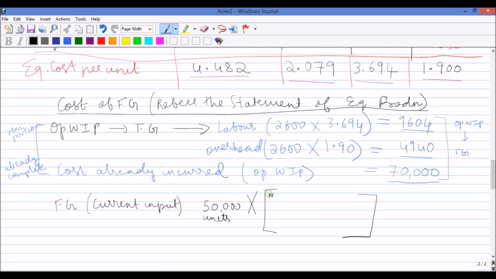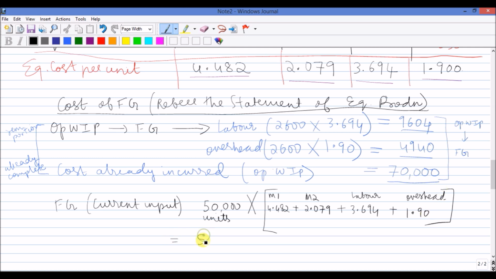So material 1, the equivalent cost is 4.482, plus material 2, the equivalent cost is 2.079. Then we have labor, which is having an equivalent cost of 3.694, and then we have overheads, which is having an equivalent cost of 1.90.